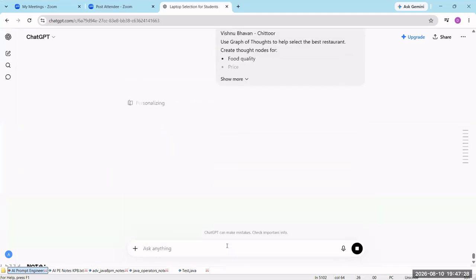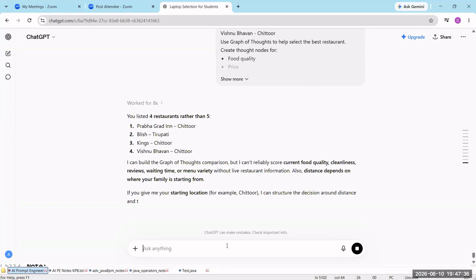Let's check whether it is giving the answer or not. So of course it will take some time because it has to get from different websites, everything. Yeah, so it is unable to get this information.